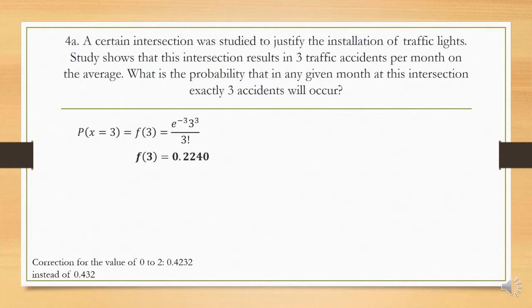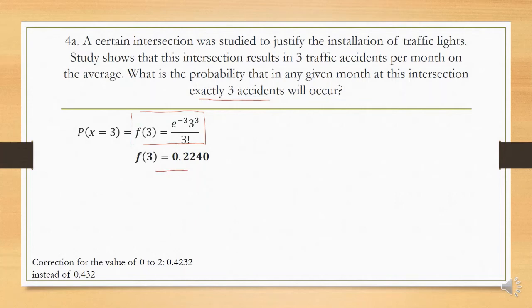Now, yung problem natin, yung letter A, hinahanap natin yung exactly 3 accidents will occur. Ang sabi ko dun sa binomial distribution kanina, kapag exactly 3, exactly 5, exactly 8 yung hinahanap, you have to just use yung formula. So, substitute lang the formula and you will get yung result.